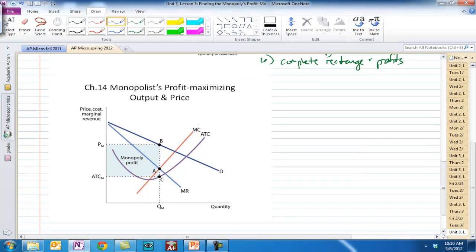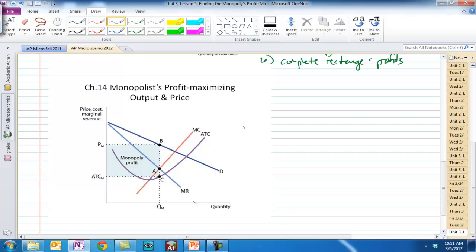Here's our, again, more typical upward sloping marginal cost curve and U-shaped average total cost curve with the marginal cost cutting through the average total cost at its minimum point. We still have the monopoly standard demand curve and marginal revenue line. This one doesn't cross below the quantity axis, although it would theoretically eventually. We don't need to extend it to show the profit maximizing quantity. Again, so we go through our steps.